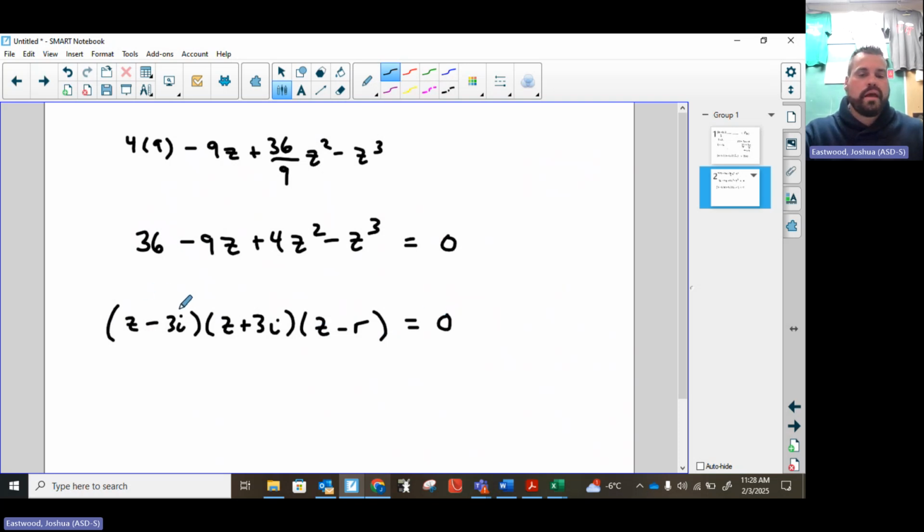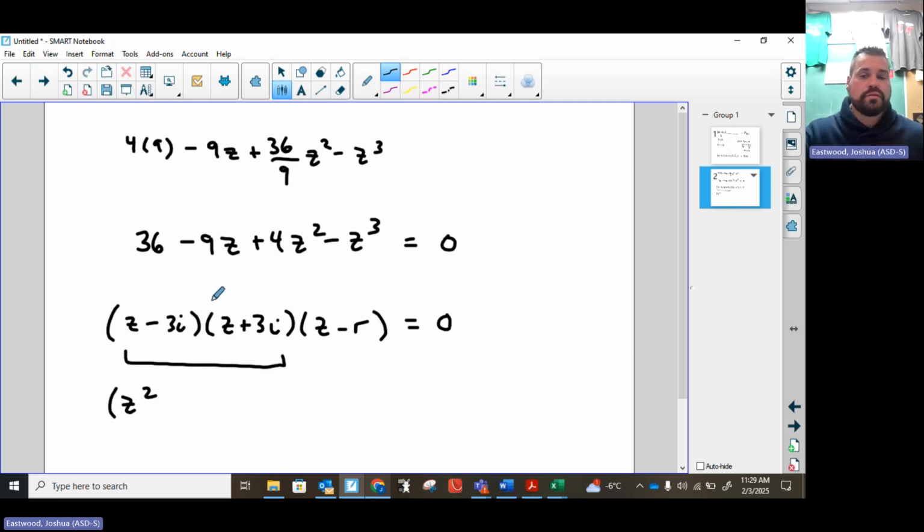So what happens is if you look at the statements here, this is how it's split. If I multiply this, I'm going to get z squared, and then minus 3i and plus 3i.